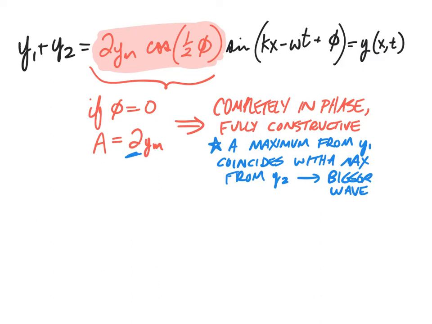So remember, both of those y functions, we just had an amplitude of 1, whatever ym was. Okay? And now that I've added them, I have double that. And so with no phase shift, that phase angle, if it's 0, then they are identical waves that when they add together, produce twice as big a wave.